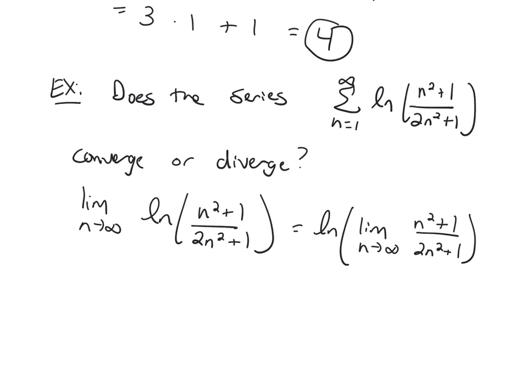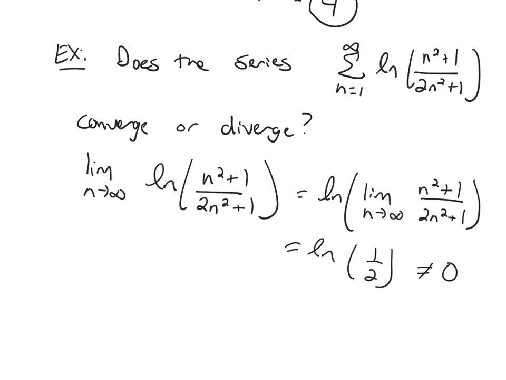And I get ln of 1/2. Is that 0? No, that's not 0. ln of 1 is 0. ln of 1/2 is not. So it diverges by the divergence test.